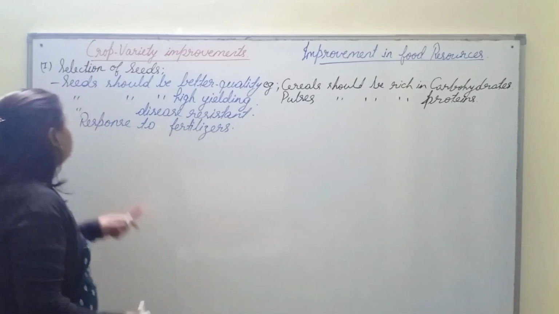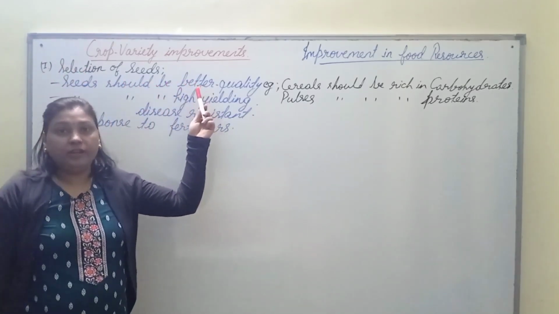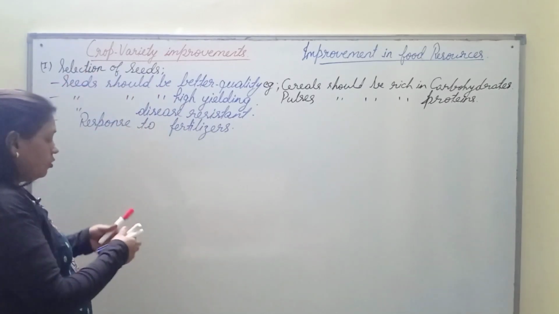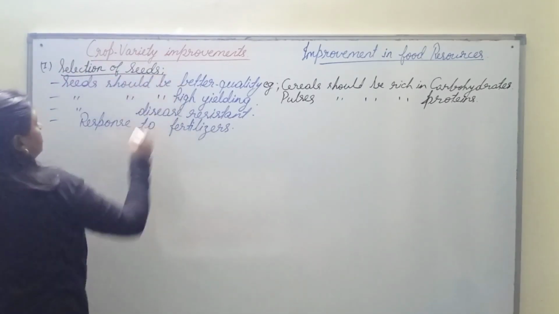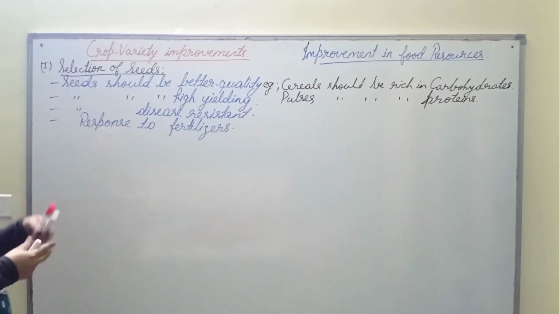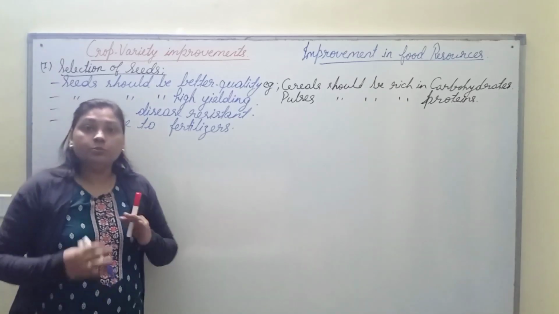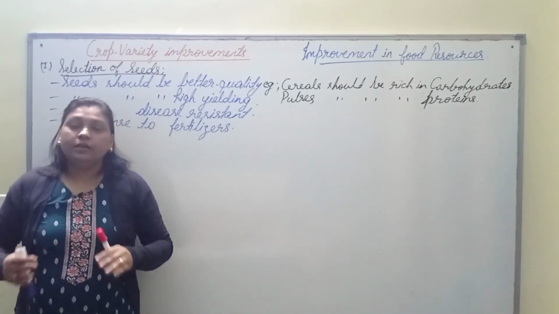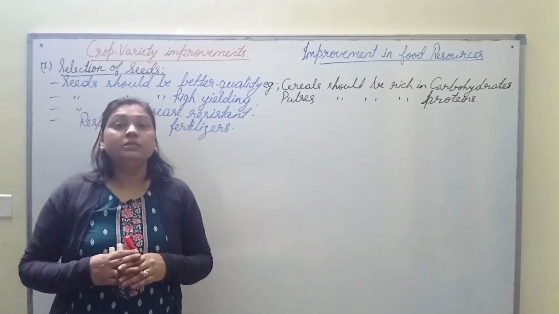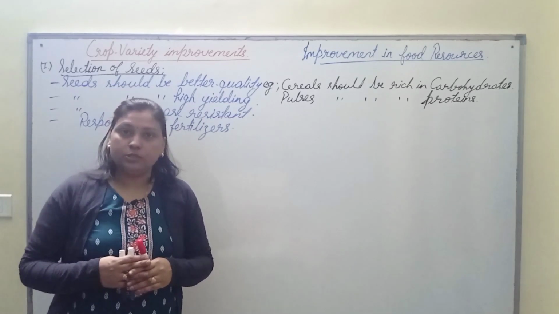So the first factor that is important for the improvement of crop variety is selection of seed. So seed should be of better quality, it should be high yielding, it should be disease resistant, and it should take response to fertilizers. Nowadays, there are different methods that have been discovered for the improvement of crops.